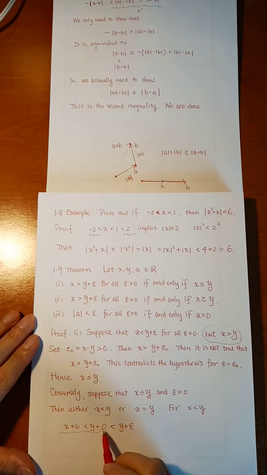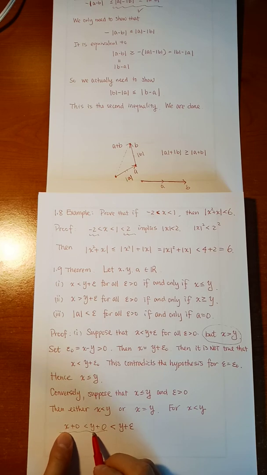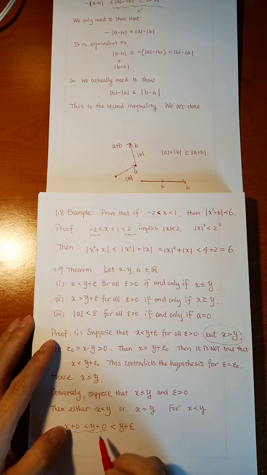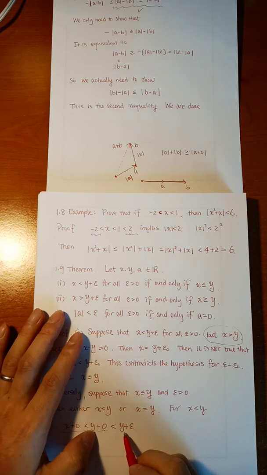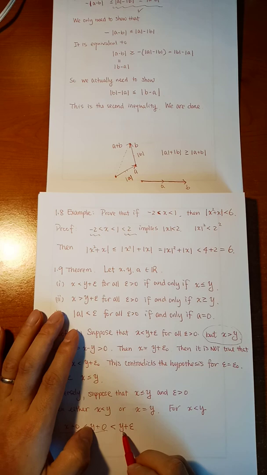So here you consider 0 as a fixed point, x and y as two numbers. You consider x, y as an inequality, you add a constant number 0. This part, you consider 0 and epsilon as an inequality, you add a constant y.